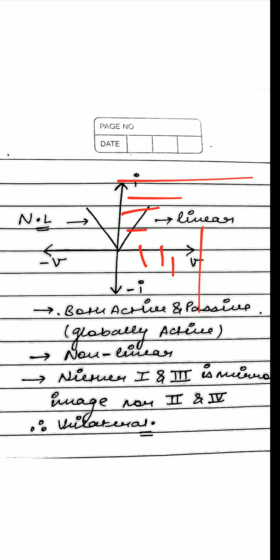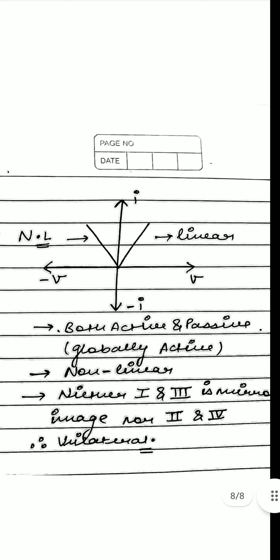But what about the left part? With the decrease in voltage, current is increasing on the left side. So the left part is non-linear and the right part is linear. Therefore overall we can say that it is non-linear.